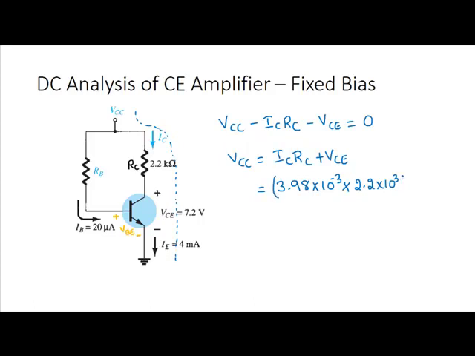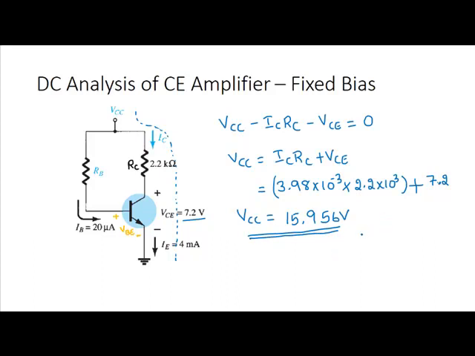So this plus VCE is given, which is equal to 7.2 volt. So let me put 7.2 here. So this gives me the value of VCC as 15.956 volt. So this is the value of VCC, what we get, 15.956 volt.